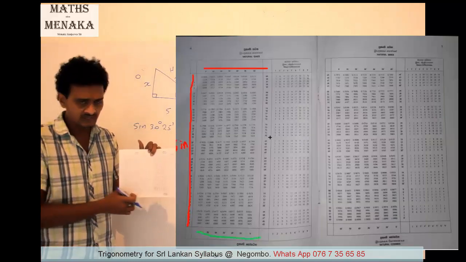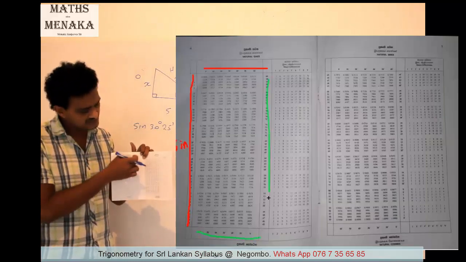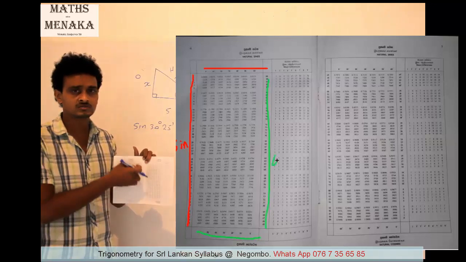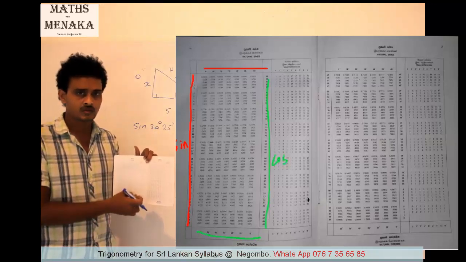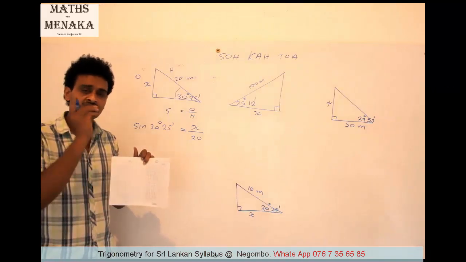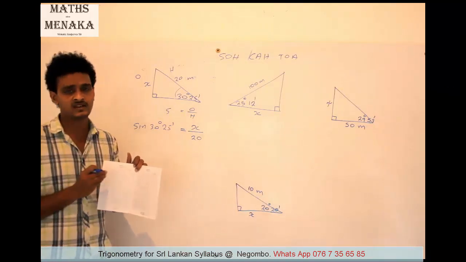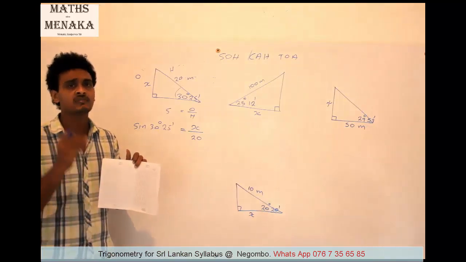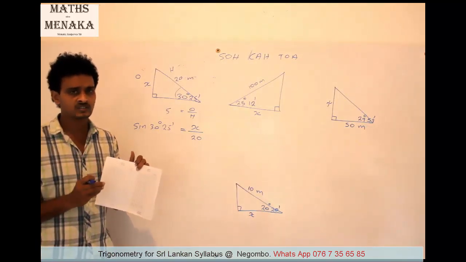The bottom line and the right hand side column is for the cos. And there is a mean difference. In the sine, we have to add the mean difference.